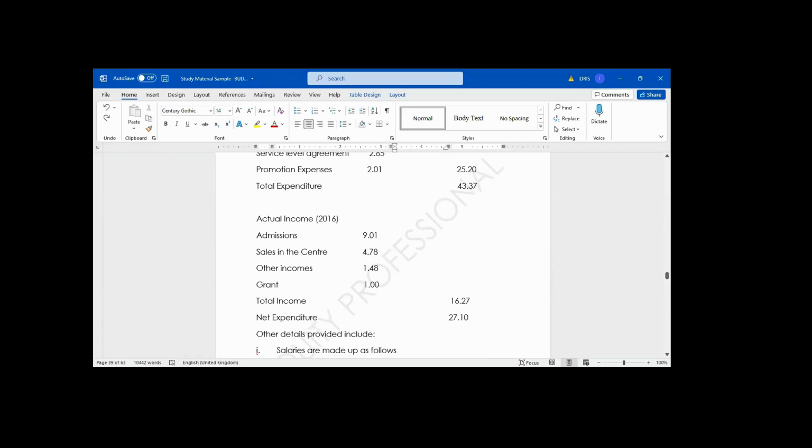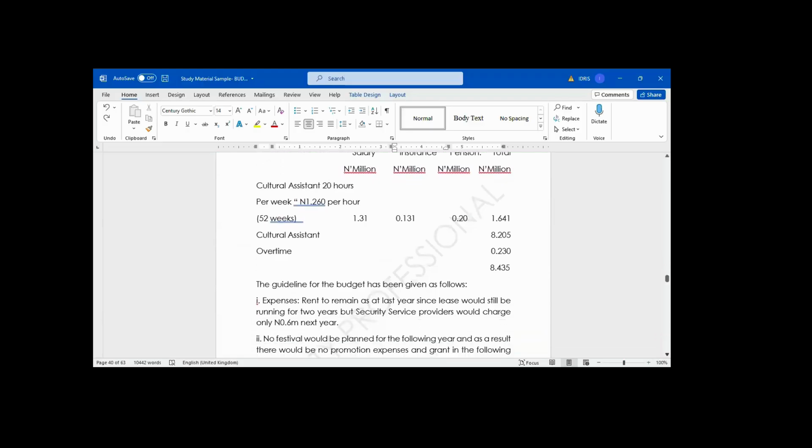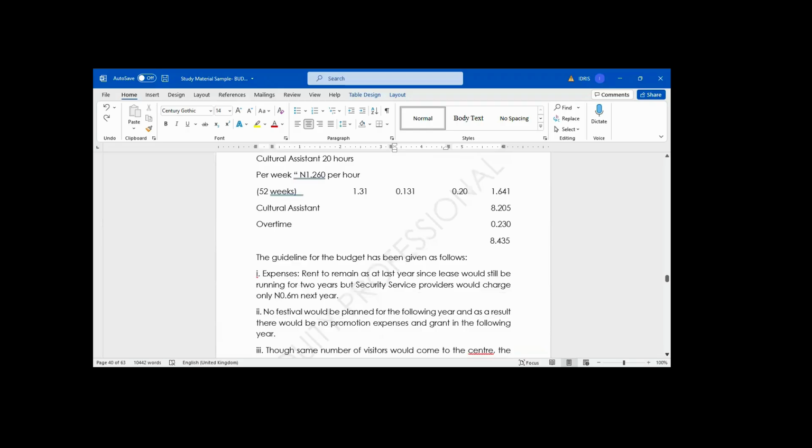Note 1. So what is the note? They said rent remains as at last year, since the lease will be running for 2 years.